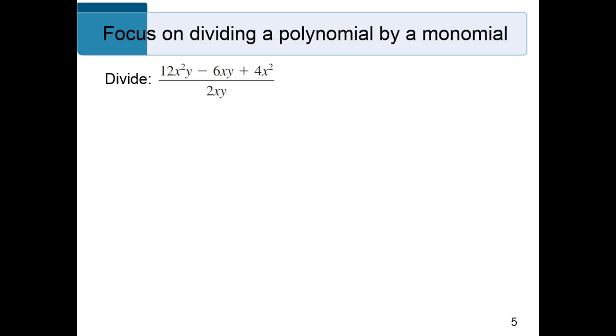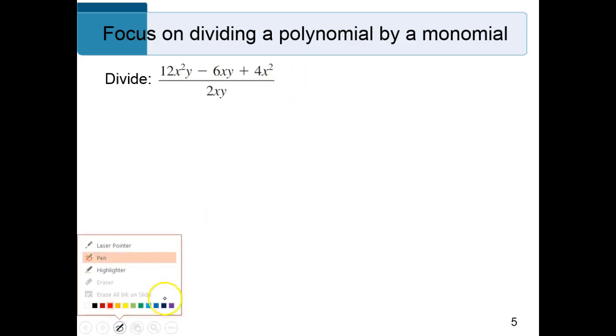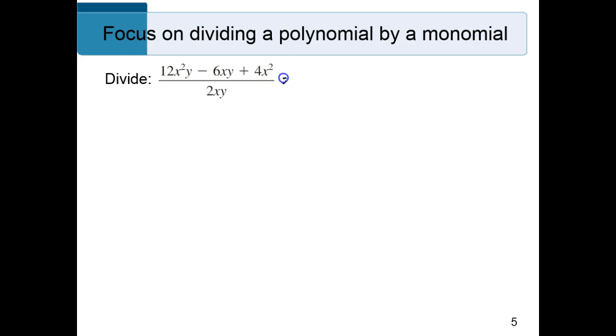What would this be? Divide 12x squared y minus 6xy plus 4x squared by 2xy. Okay. What would the first term be? 12x squared y over 2xy.